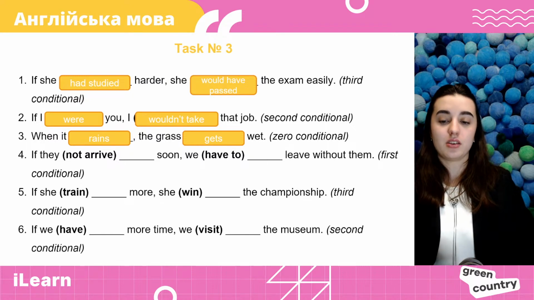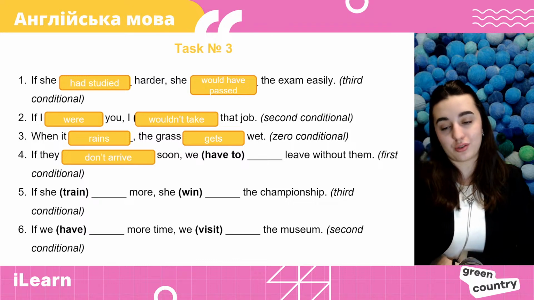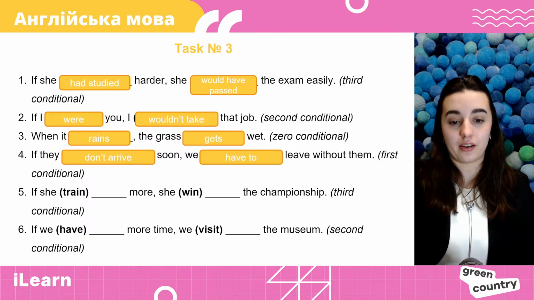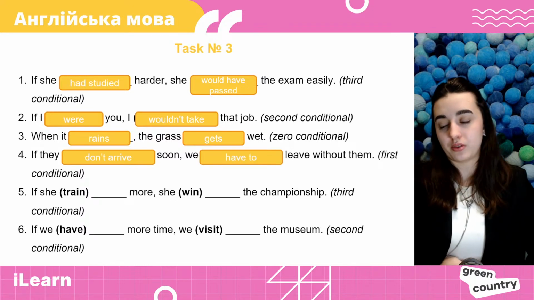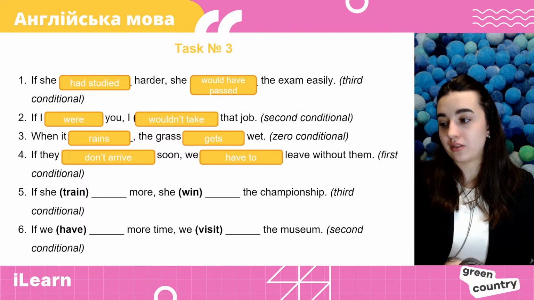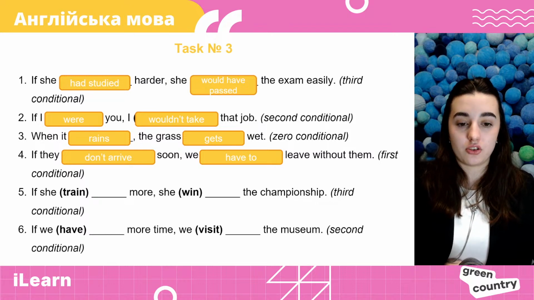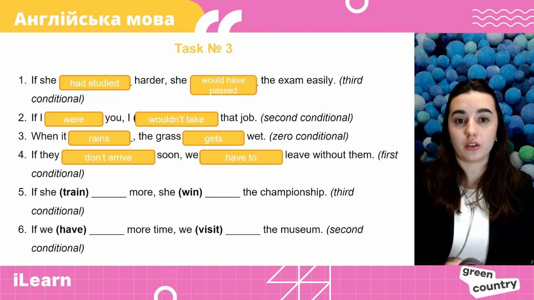So if they don't arrive, that's true. We have to leave without them. So here, please pay attention that we don't need to use will. We just can say have to leave without them.